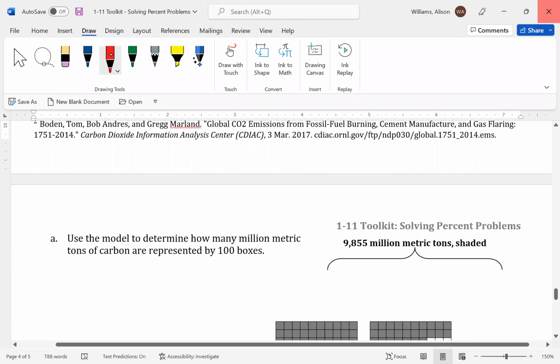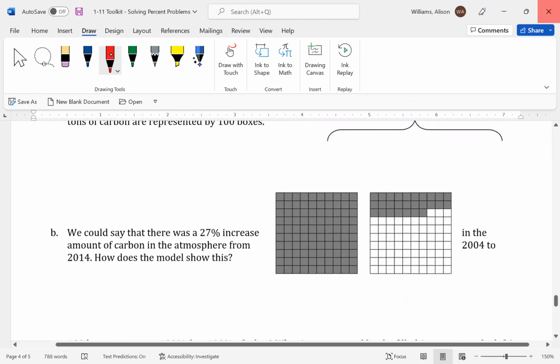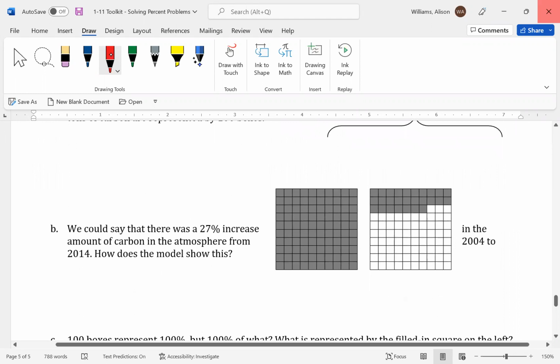Use the model to determine how many million metric tons of carbon dioxide are represented by 100 boxes. So they had to do 2 decimals. And as you can see, when this was formatted into Word, it got a little kooky. I apologize, I didn't catch that before I started recording. You can just bear with the fact that it looks a little dumb.